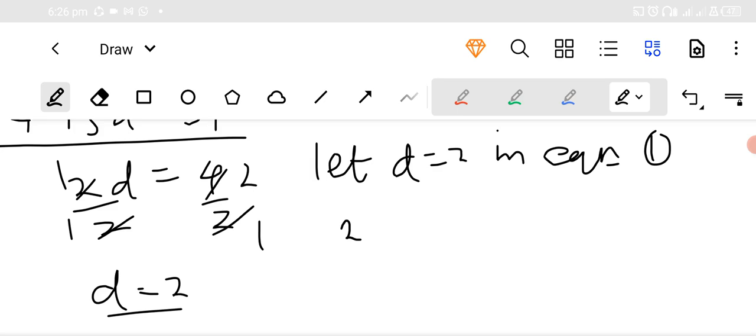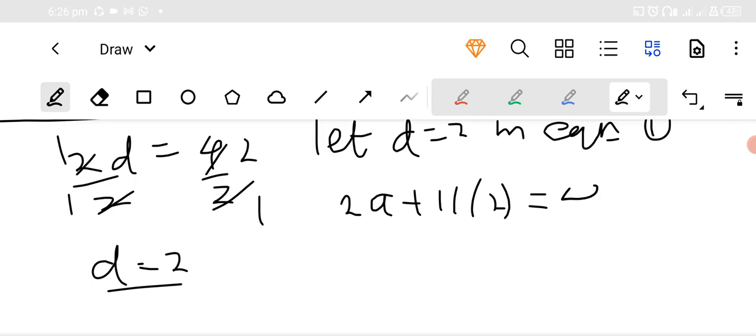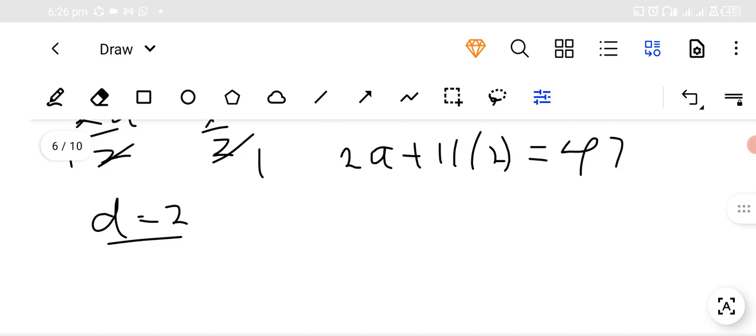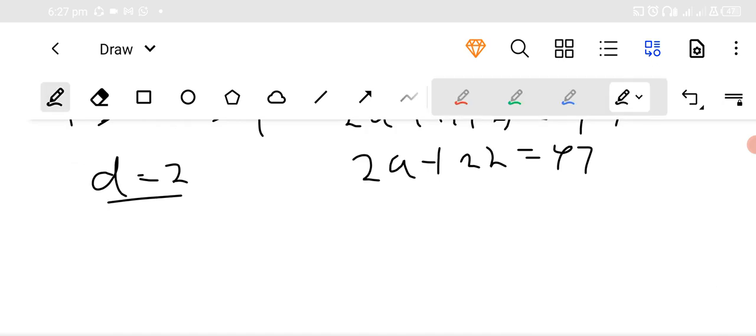So 2a plus 11 times 2 is equal to 47. 2a plus 22 is equal to 47. 2a is equal to 47 minus 22, which is 25.